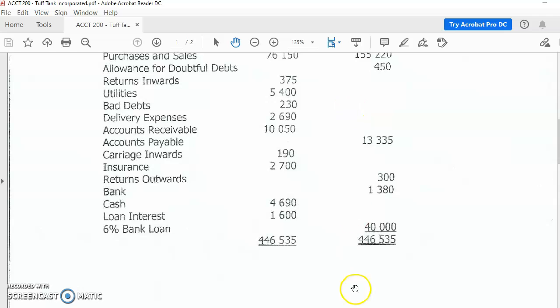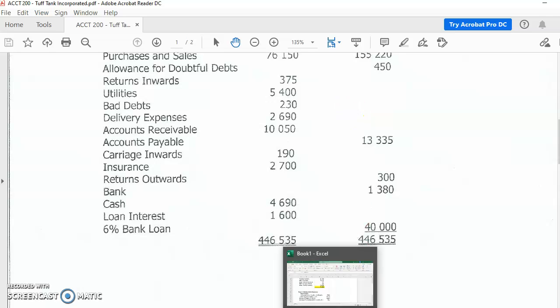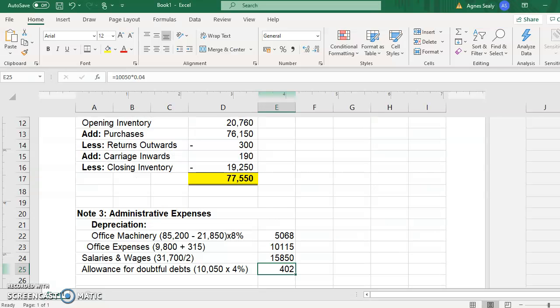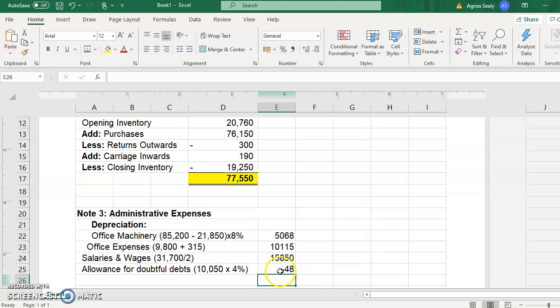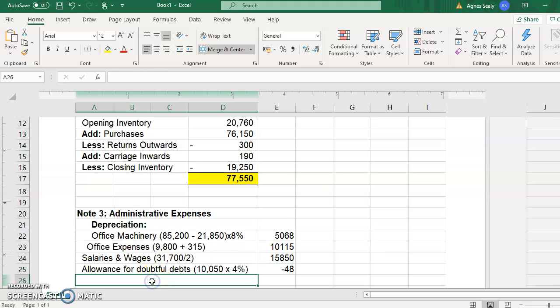So that $48 is additional revenue for the company. So we will not add it as part of our expenses. What we would do is subtract it, so that it will be counted as revenue. So the 402 minus the 450 gives us the reduction of $48.